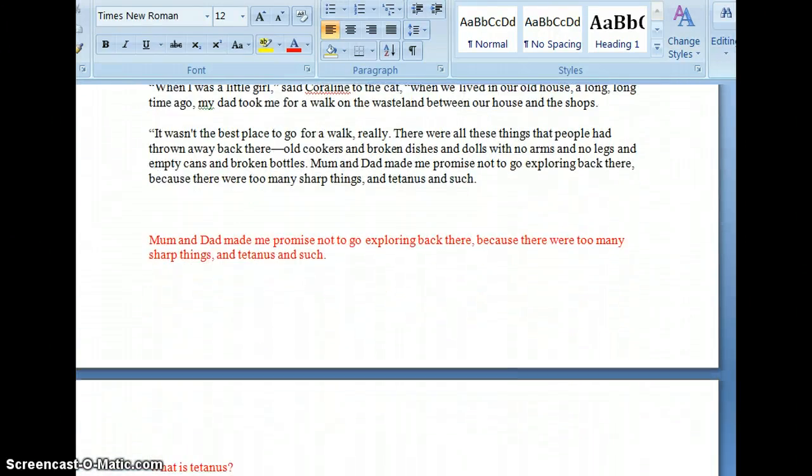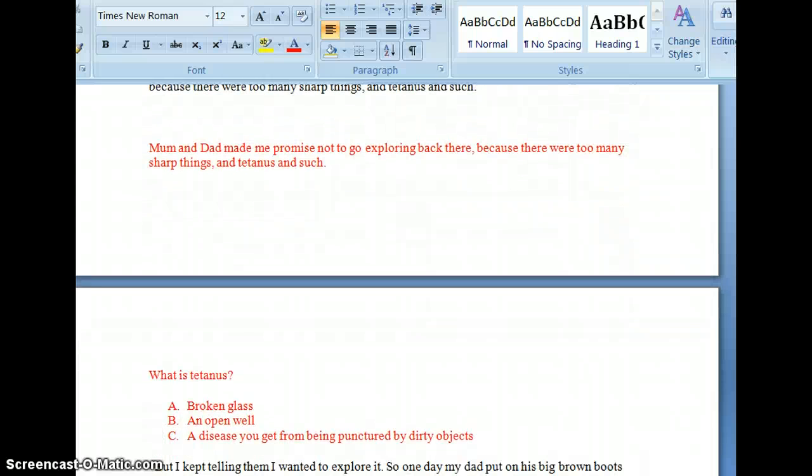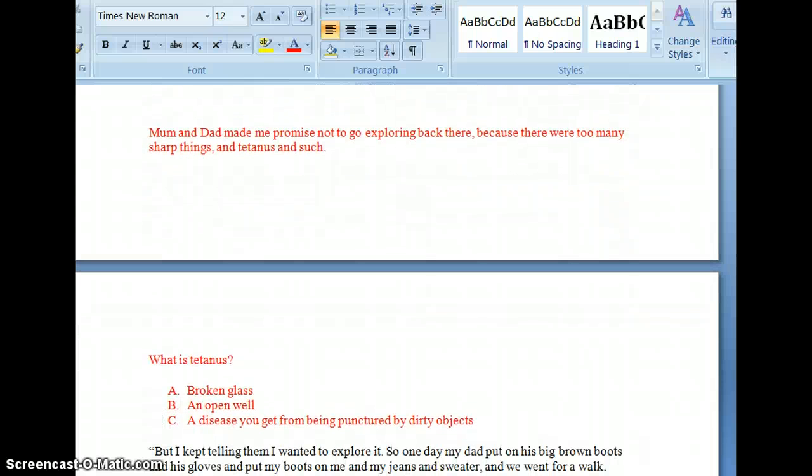And here's the second. This one only had three choices, and this was a good one too because I reposted something that was just discussed in the book that brings up the word tetanus.